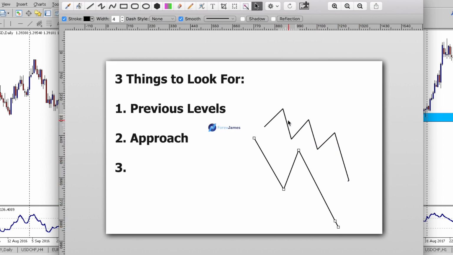This just means that the sellers are more reluctant here than here. You can call it whatever you want, a 3 drives pattern, a pennant. Sometimes it forms a wedge, or whatever you want to call it.